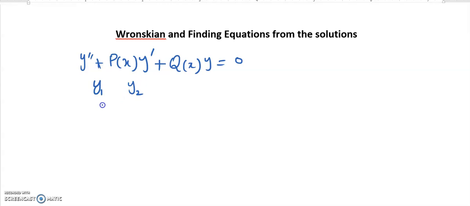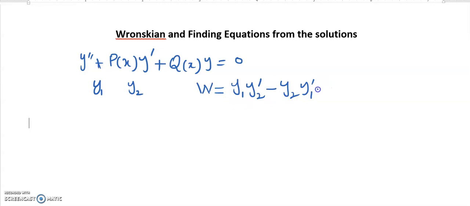There is another method, and that method is called the Wronskian test. This Wronskian test is that we can find an algebraic expression or quantity y1 times y2 prime minus y2 times y1 prime.